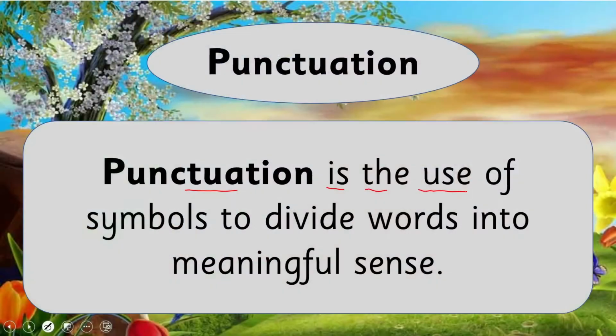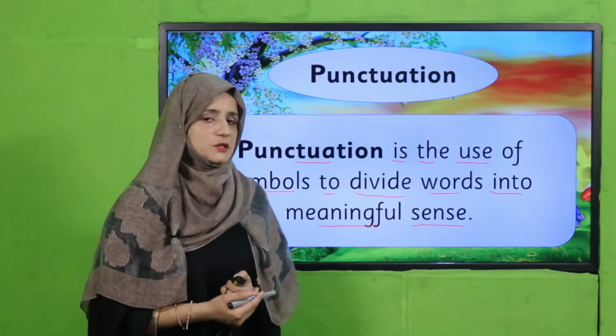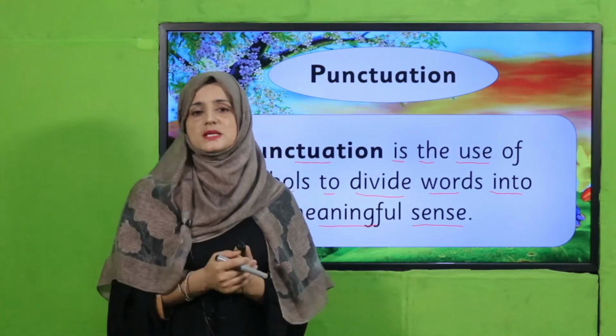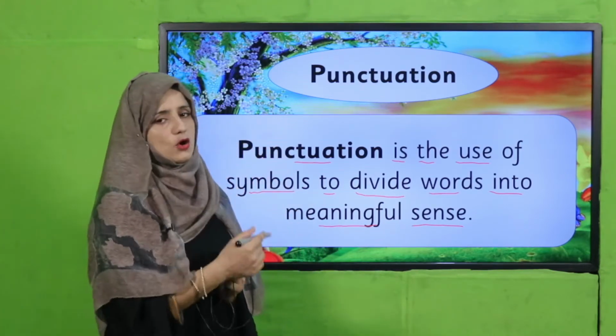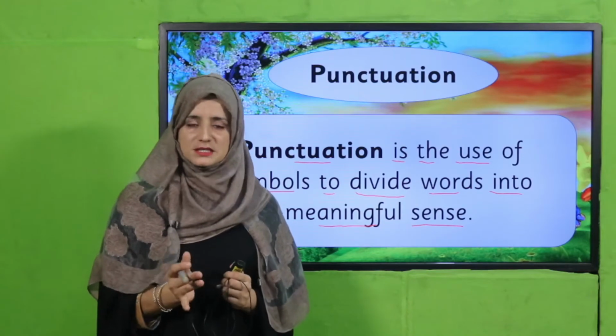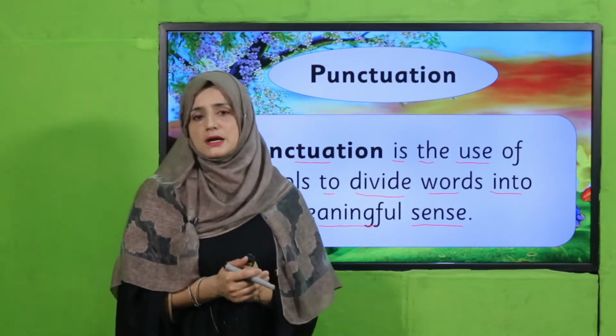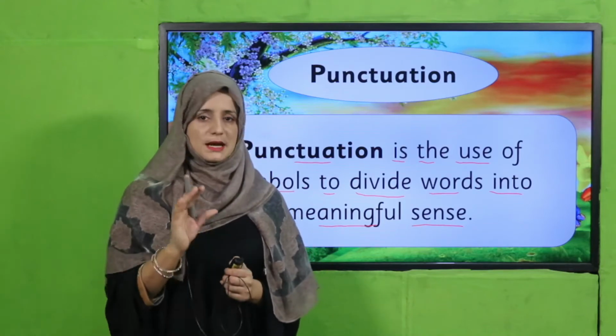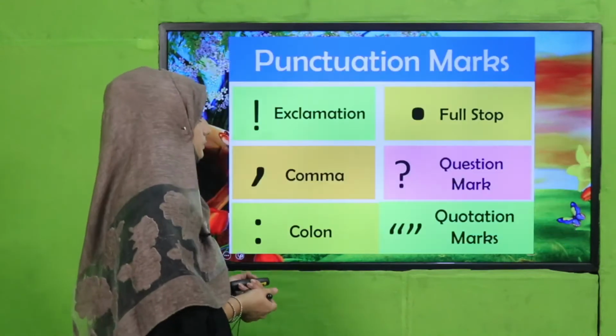Punctuation is the use of symbols to divide words into meaningful sense. Yes, my dear students. So what is punctuation? Punctuation is the use of symbols. Different symbols are there. If we do not use these symbols in our sentences, in our words, we are not able to get the actual meaning because it will not give us a proper sense.